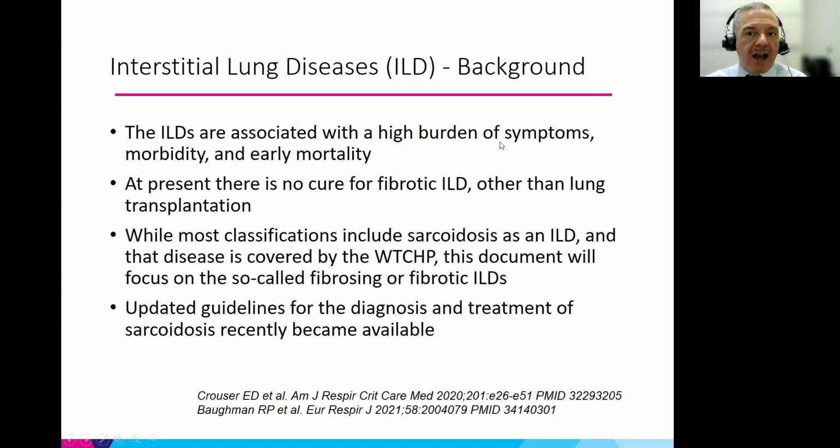Many ILDs are associated with a high burden of symptoms, morbidity, disability, and early mortality. At the present time, there is no specific cure for practically any of these fibrotic ILDs other than lung transplantation. And while most classifications, of course, include sarcoidosis as an ILD, realize that sarcoidosis sometimes is a non-pulmonary disease.